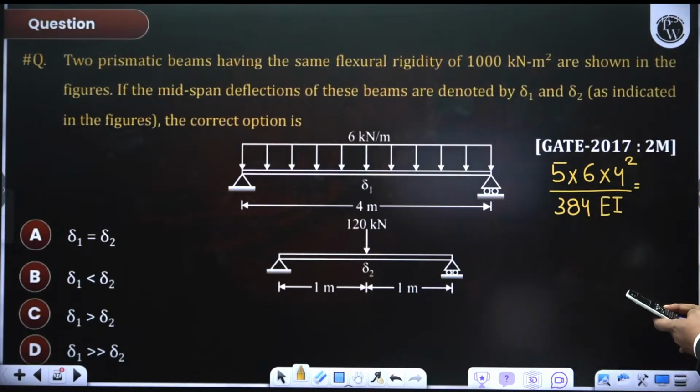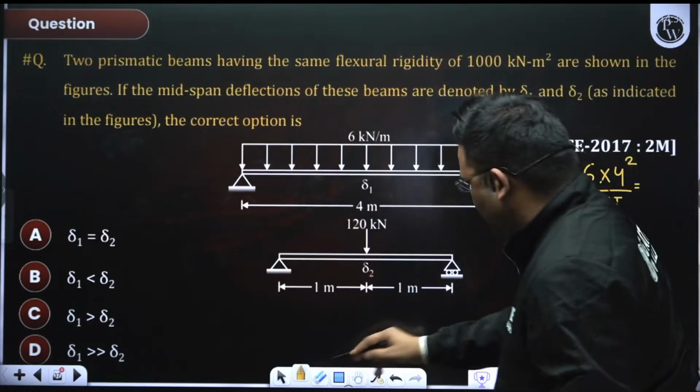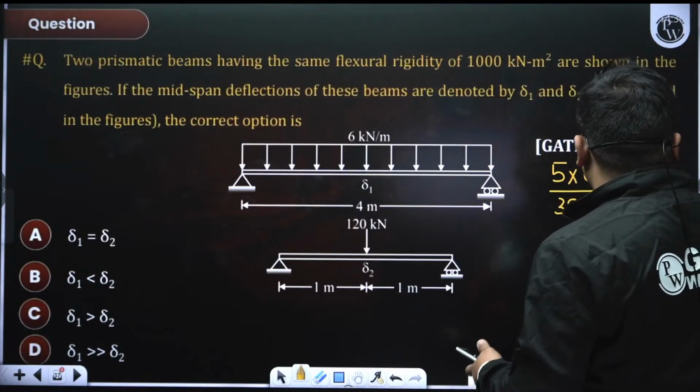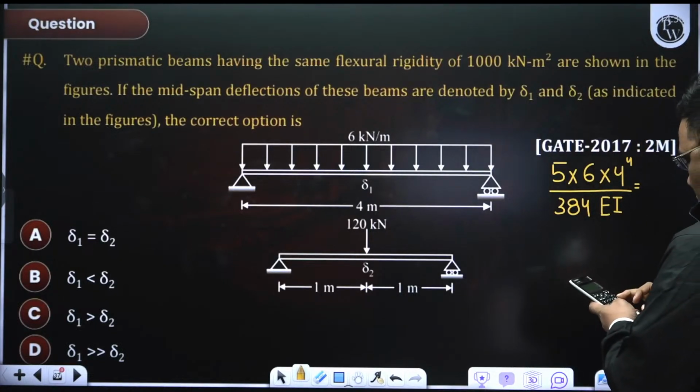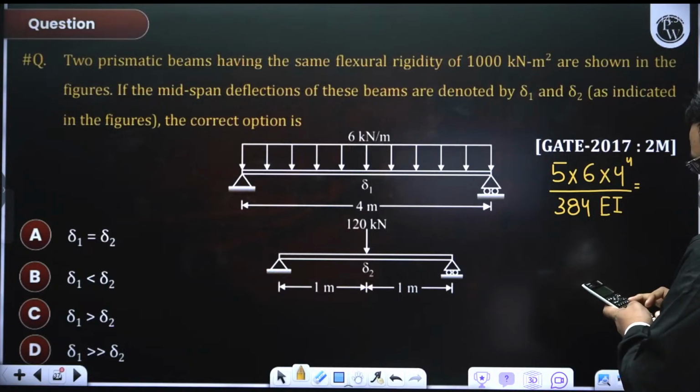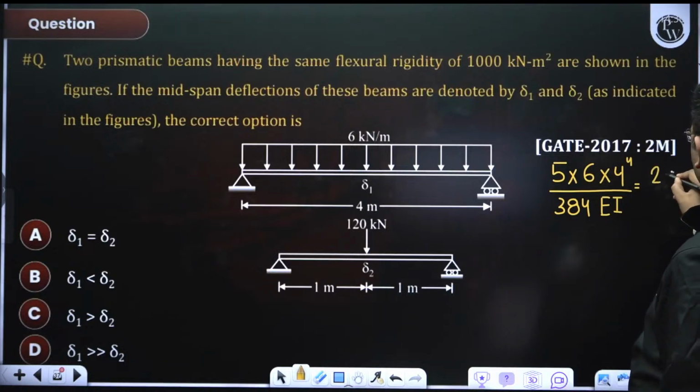So 5 into 6 into 4 to the power 4 divided by 384. I'm getting 20 by EI, right?